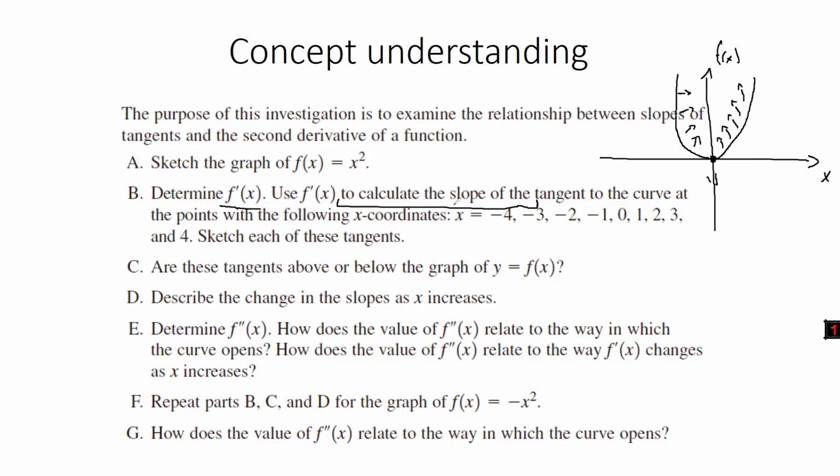I'm not asking you to calculate those values. I'm asking you to explain how the sign in front of the variable and the value of the variable affect the information about the first derivative.